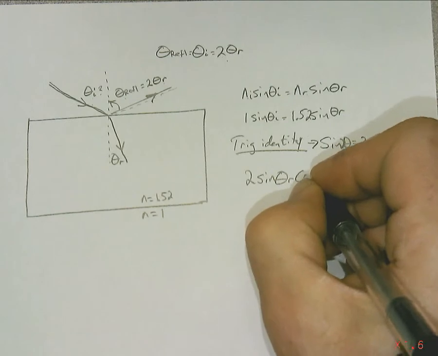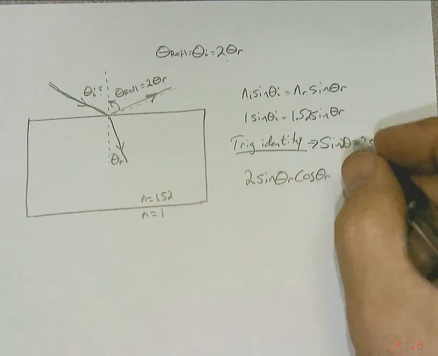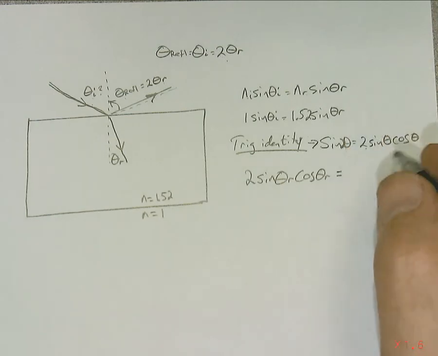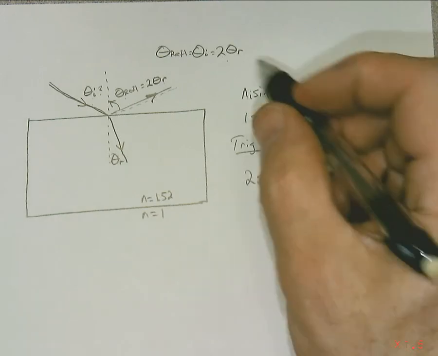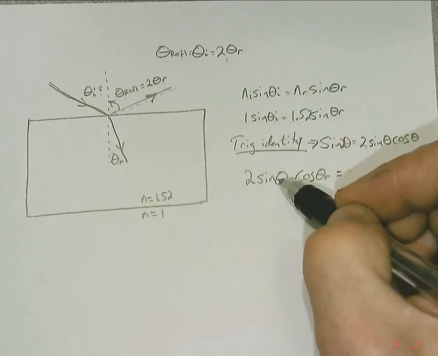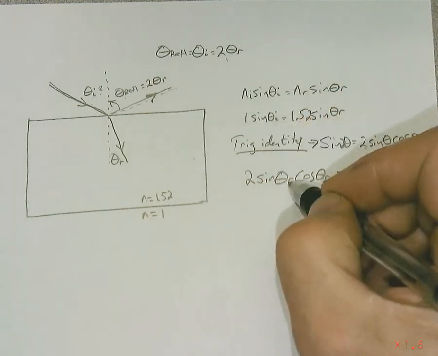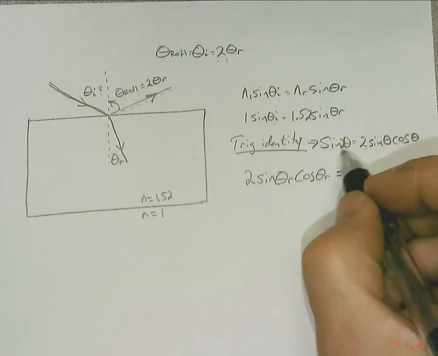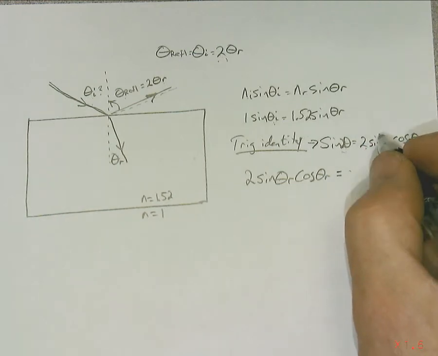So we can write 2 sine of theta refracted cosine of theta refracted is equal to sine of 2 theta refracted, because theta incident is twice theta refracted, and the trig identity gives you the connection between those.